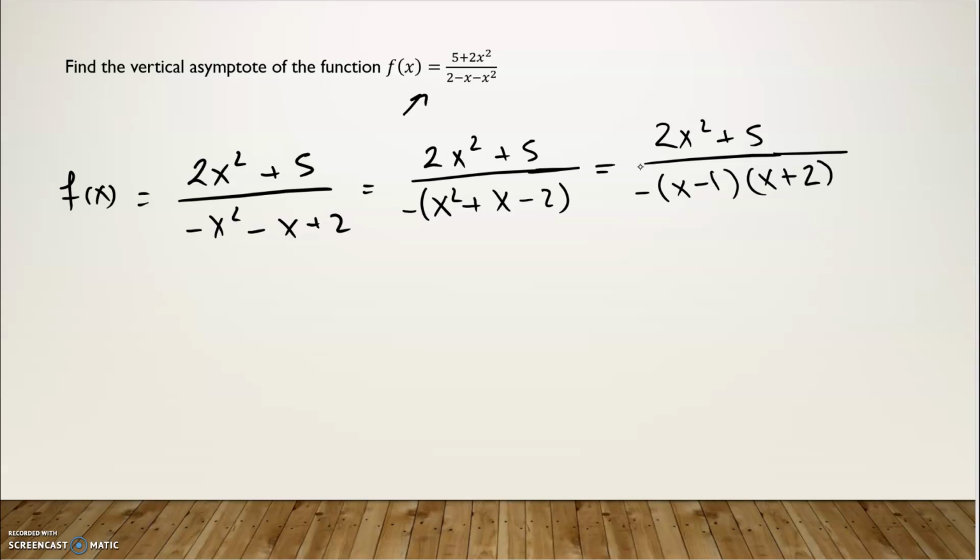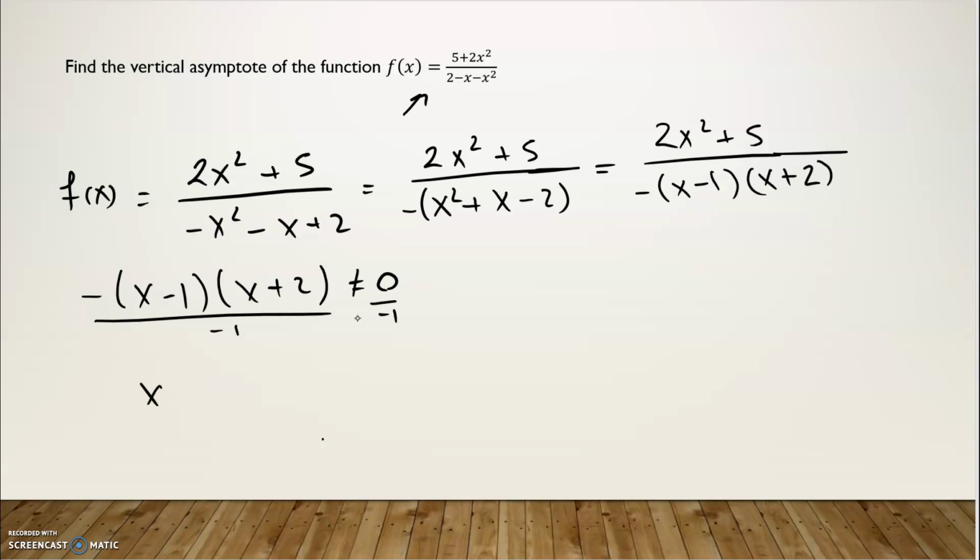Okay, so we're going to take negative x minus 1 and x plus 2 and set that equal to what we don't want it to be. Now I can go ahead and divide both sides by the negative 1 just to get rid of it. Then we separate it out.